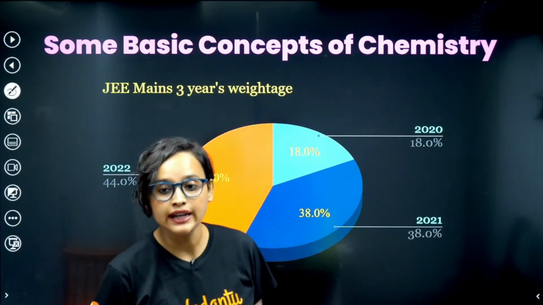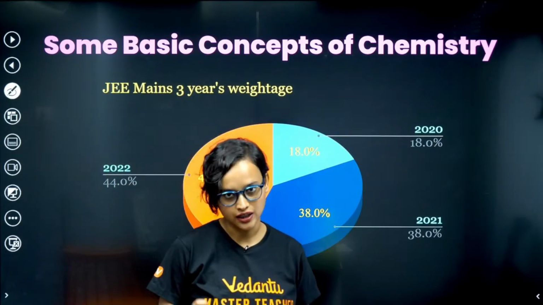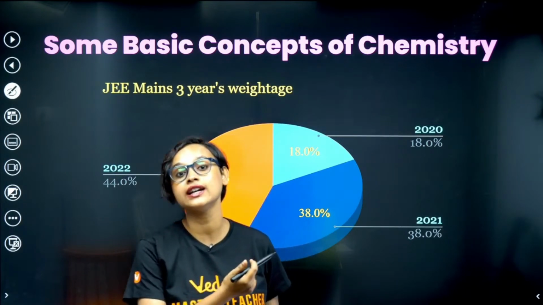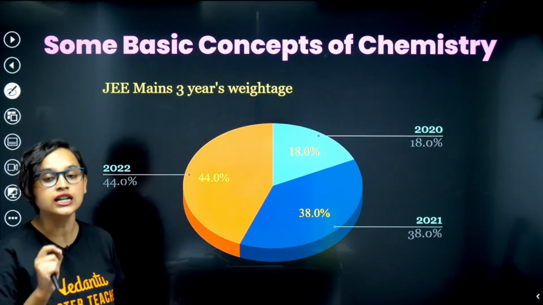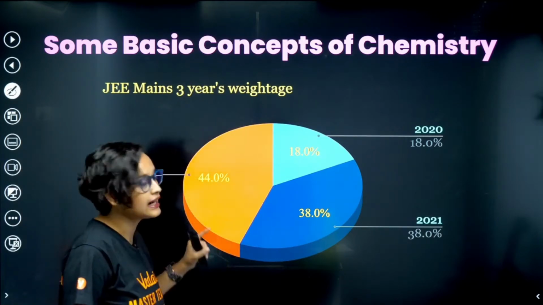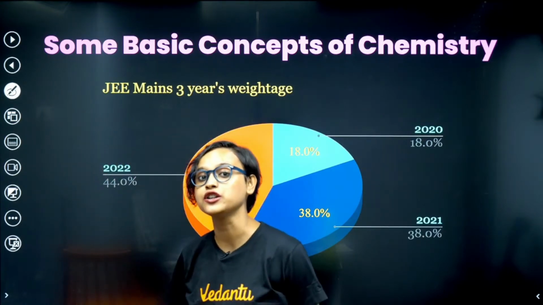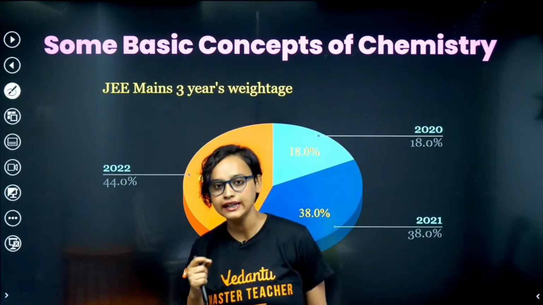Then in 2020 it was 18%, 2021 it was 38%. I have taken this data from MTG Explorer, that brand of book that you know. So in 2022 we saw that the number of questions from this chapter had increased.